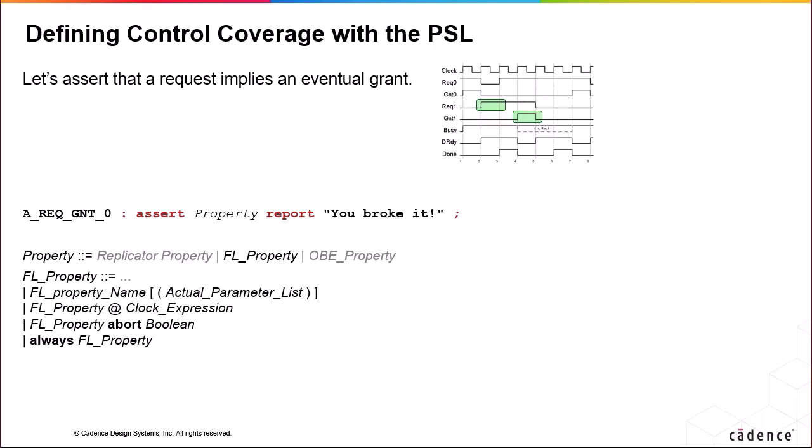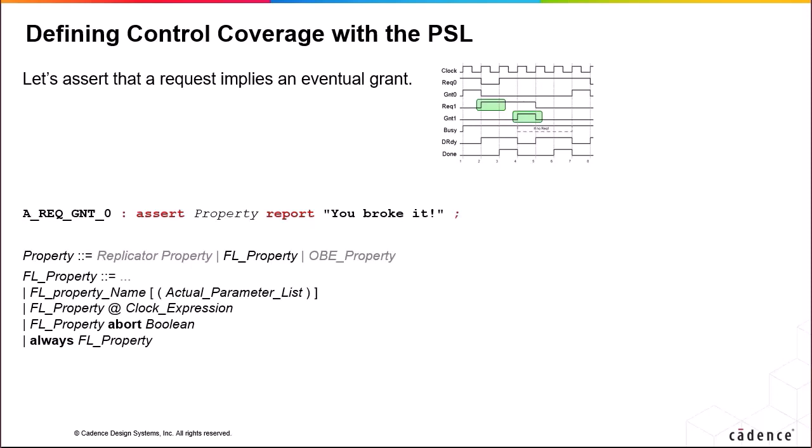For performance reasons, simulators evaluate unclocked properties on only those cycles at which an input to the property changes. Henceforth, when I use the cycle word, assume that I mean the simulation cycles in which the clock context is true.